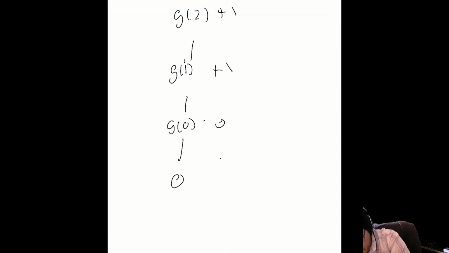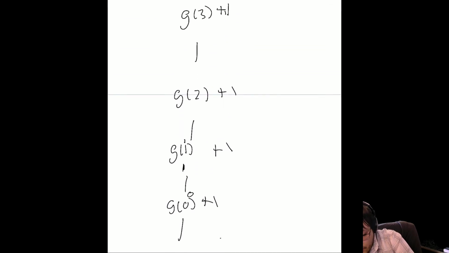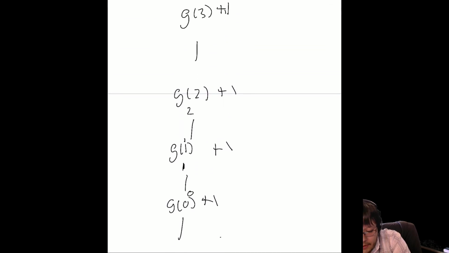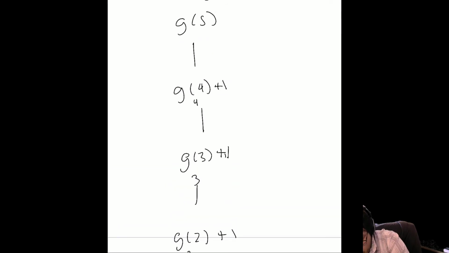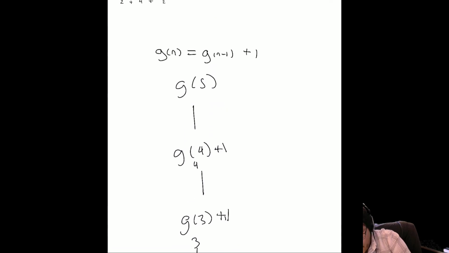So technically this is plus 1 here. So then this would mean that G of 1 is equal to 1 because it's 0 plus 1. And then G of 2 is equal to 2. And then G of 3 is equal to 3. G of 4 is equal to 4. And then G of 5 is equal to just 5.